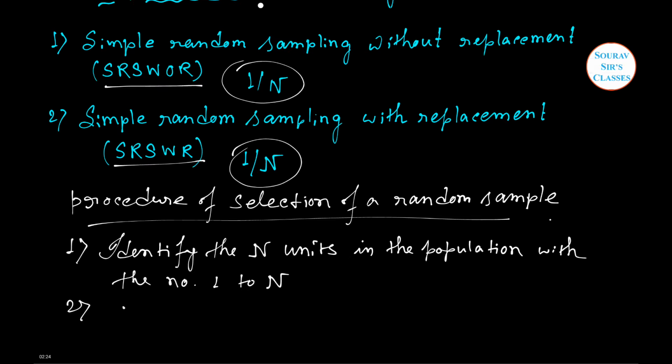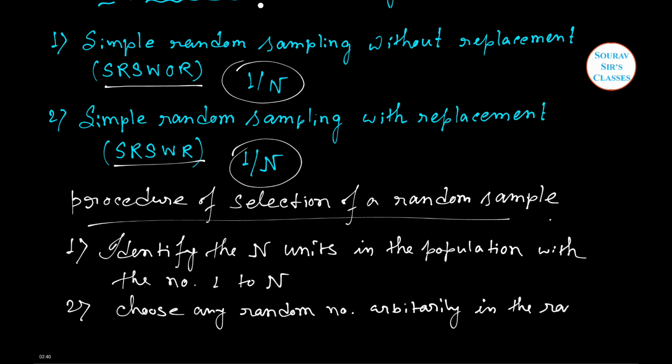Step 2, choose any random number arbitrarily in the random number table and start reading numbers.